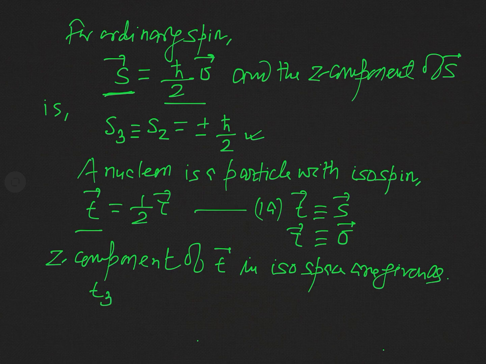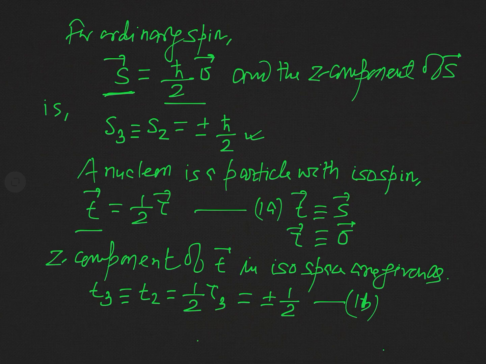This Z component is denoted by the symbol T3, or you can say TZ, and this is given as 1 over 2 tau 3, and this is equal to plus minus half.